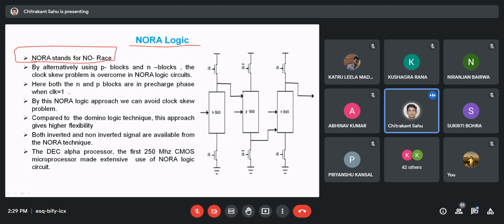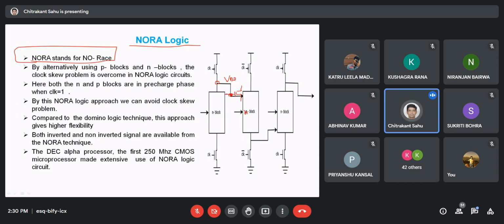You might be aware of the race around condition. What is the problem with dynamic logic? If it is an n block and it is always connected to VDD, and again we have an n block, what will happen? Since it is an n block, it will be connected to one of the NMOS.